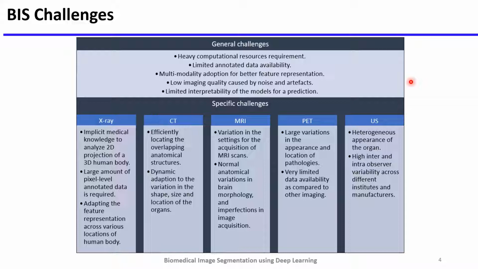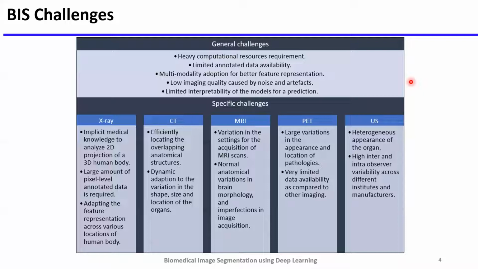And the limited interpretability of the models for a prediction is also one of the challenges that we face while doing the segmentation. Coming to the different types of images, we'll discuss specific challenges that we face while dealing with the specific type of imaging technique.